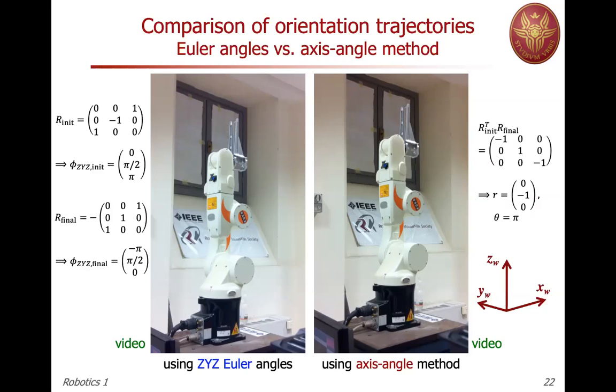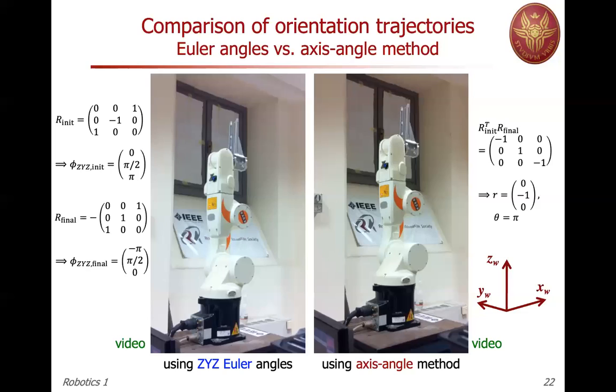So while we cannot say anything special about the change of the three angles, we can say something very clear about the unit axis around which we have to rotate. In fact, our choice was on purpose simple. So this rotation will be along an axis which is pointing like the y-axis, actually in the opposite direction of the yw-axis, and will be a half rotation of 180 degrees, counterclockwise.